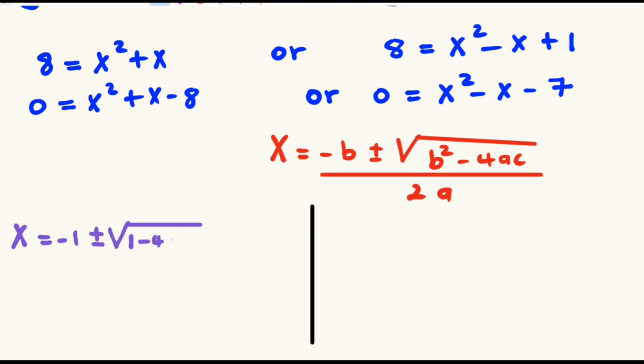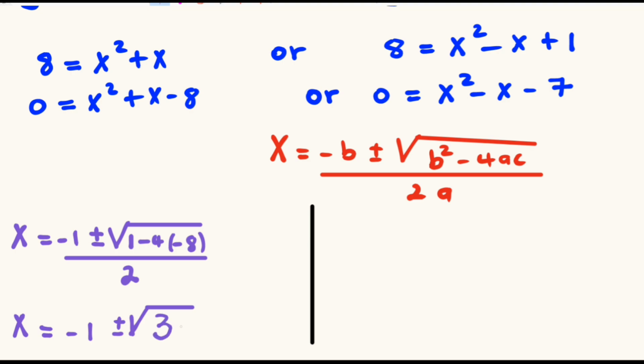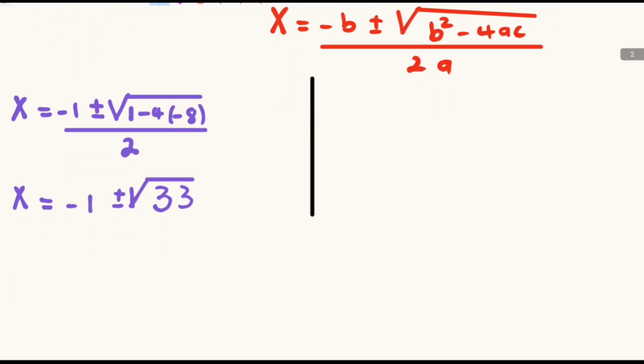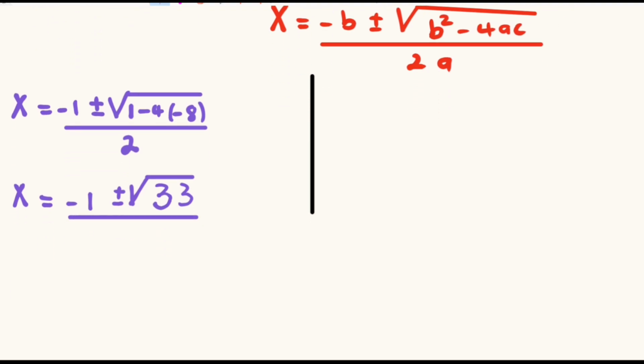Our a is equal to 1, and this is multiplied by the c, the negative 8, and dividing by 2a, and our a is equal to 1. X will be equal to negative 1 plus or minus the square root of the negative 4 multiplied by the negative 8, which is equal to 32. 32 plus 1 will be equal to 33, and this is divided by 2.